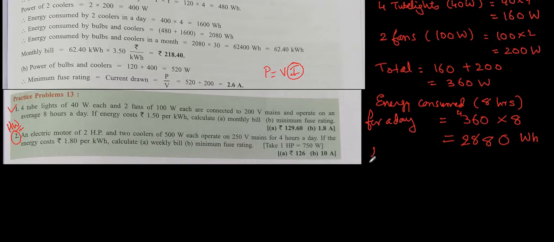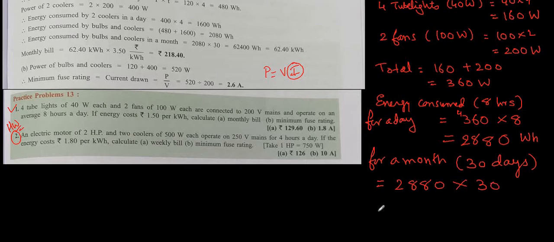Now for a month, that means it is 30 days. So that is going to become 2880 multiplied by 30. So how much does it come up to?